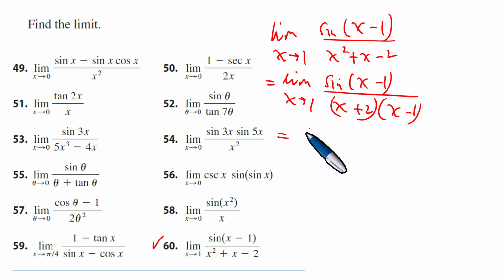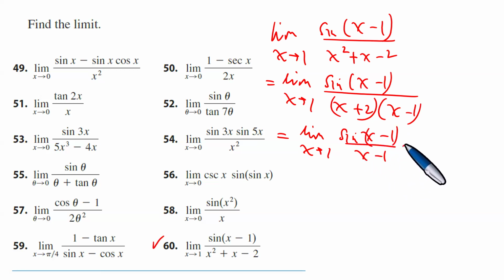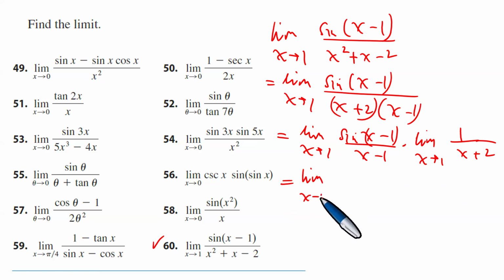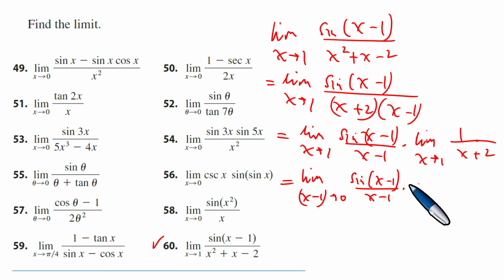Right, so you can write it as the limit as x approaches 1 of the sine of x minus 1 divided by x minus 1, multiplied by the limit as x approaches 1 of 1 divided by x plus 2. And therefore, as x minus 1 approaches 0, this is exactly the sine of x minus 1 over x minus 1, and this one is 1 over 1 plus 2.